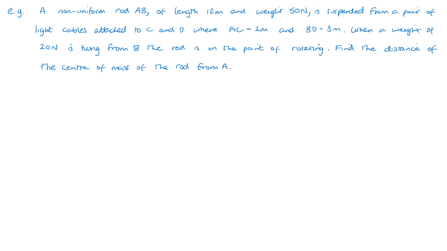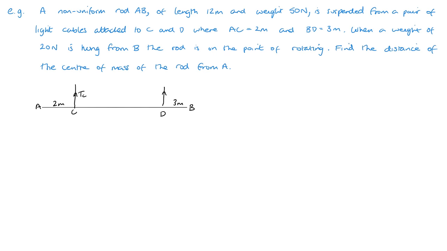This time I have a non-uniform rod AB of length 12 and weight 50 newtons. It is suspended from a pair of light cables attached to C and D, where AC equals 2 meters and BD equals 3 meters.